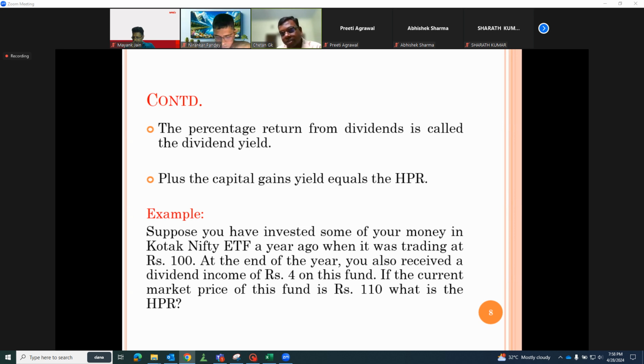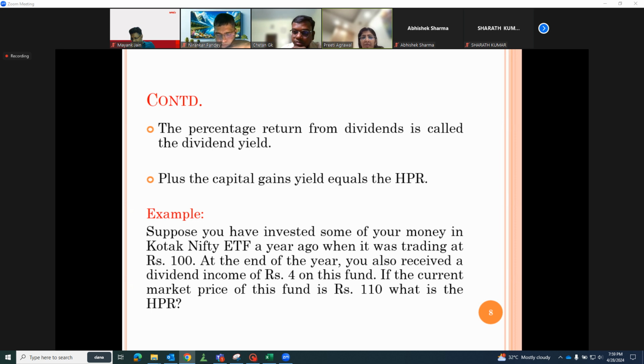So understood now what is holding period return, everybody? Any doubts? Sir, why are we dividing it by 100 again? As per the formula, we are subtracting and then adding the dividend, so it should have sufficed. No, we wanted to express it in percentage terms, that is why we are dividing by 100.